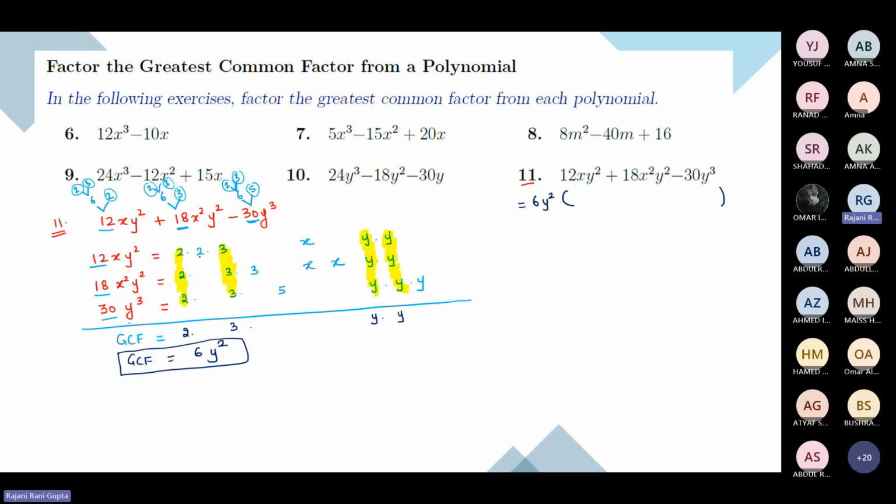So from the first, you are left with 2 and x, 2x. Then we have plus. From here, you are left with 3, x, x, so 3 into x power 2. In between the sign is minus. You are left with 5. Clear? This is your answer.